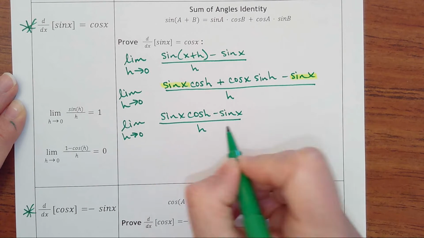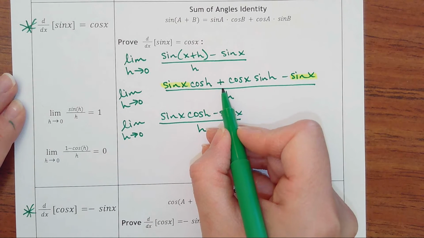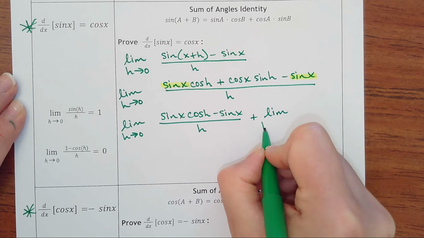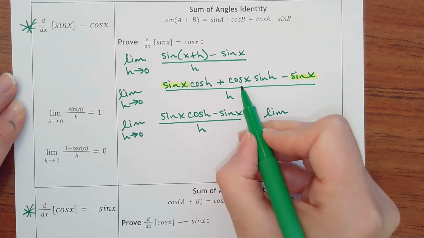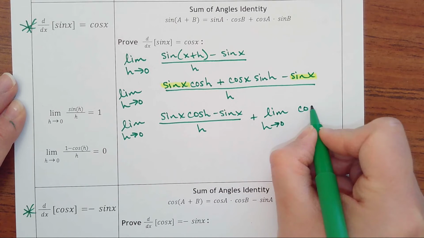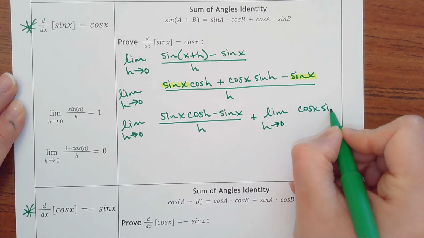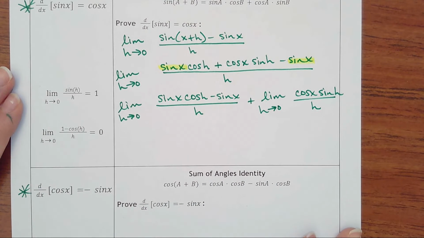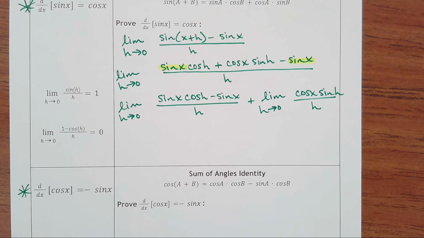over h. And then remember that when I split a limit, that's really adding the limits together. So I'm going to write limit again as h goes to 0 of cosine of x sine of h over h. And I want you to think about, why do you think that I'm splitting it?